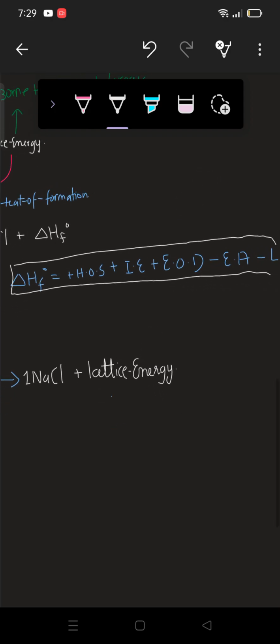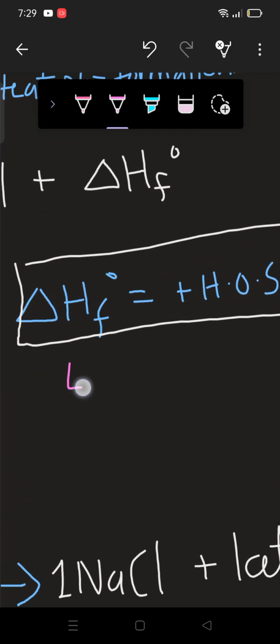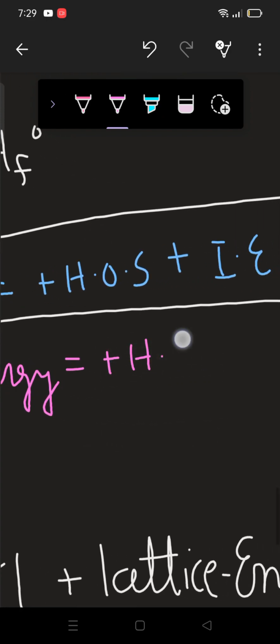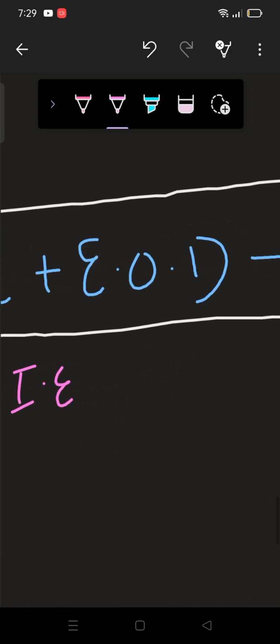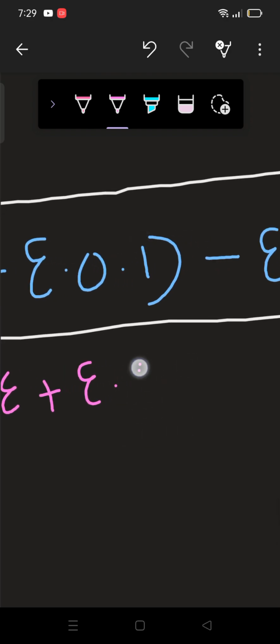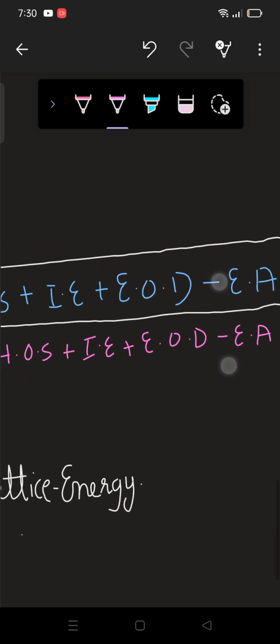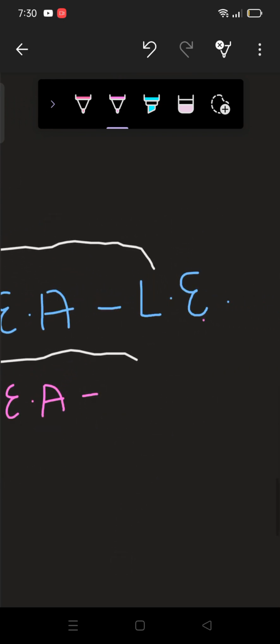And if you need to find the lattice energy, what would be the formula for it? Lattice energy would be equal to plus heat of sublimation plus ionization energy plus heat of dissociation, negative electron affinity. Now this heat of formation is positive here, when it goes to the other side it will be negative, so negative heat of formation.